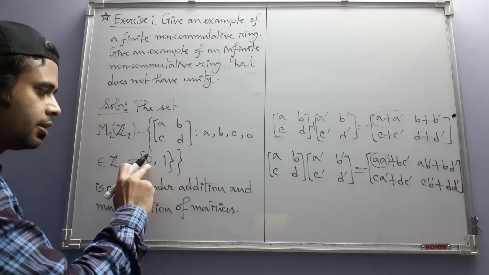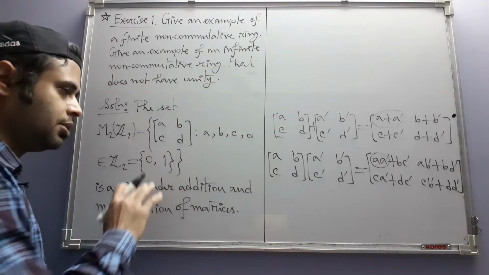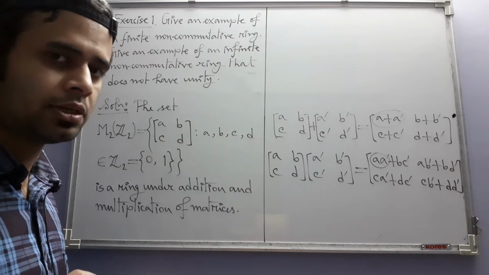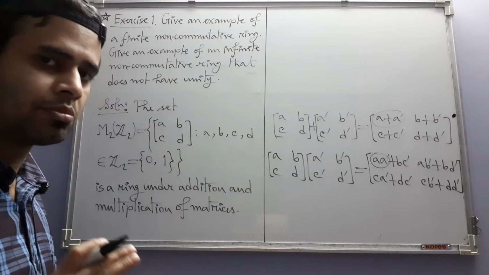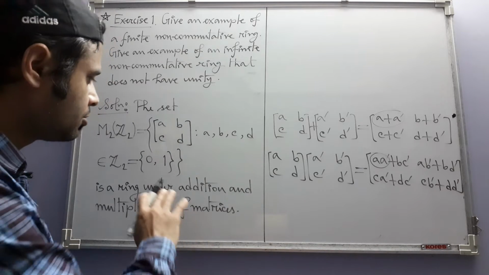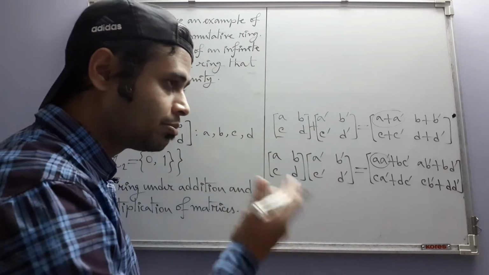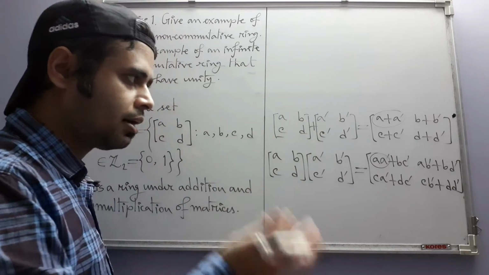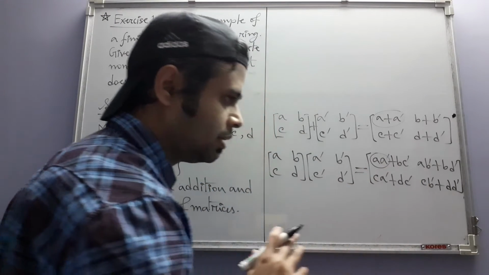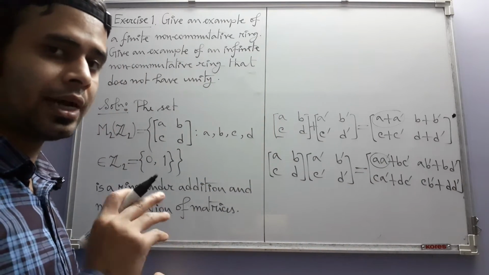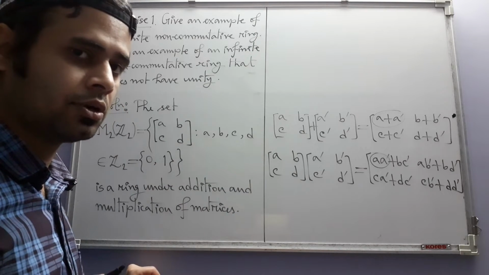But since here the entries of the matrices are coming from Z2, we don't have ordinary addition and multiplication of real numbers, but in their place we have addition modulo 2 and multiplication modulo 2. So although the forms of this sum and product are familiar to us, the calculation involving the entries should be interpreted in terms of addition modulo 2 and multiplication modulo 2.